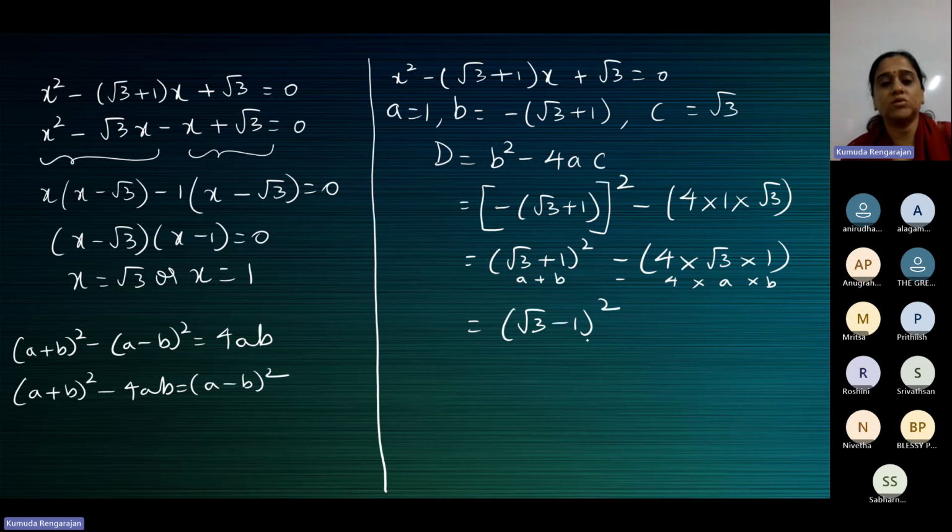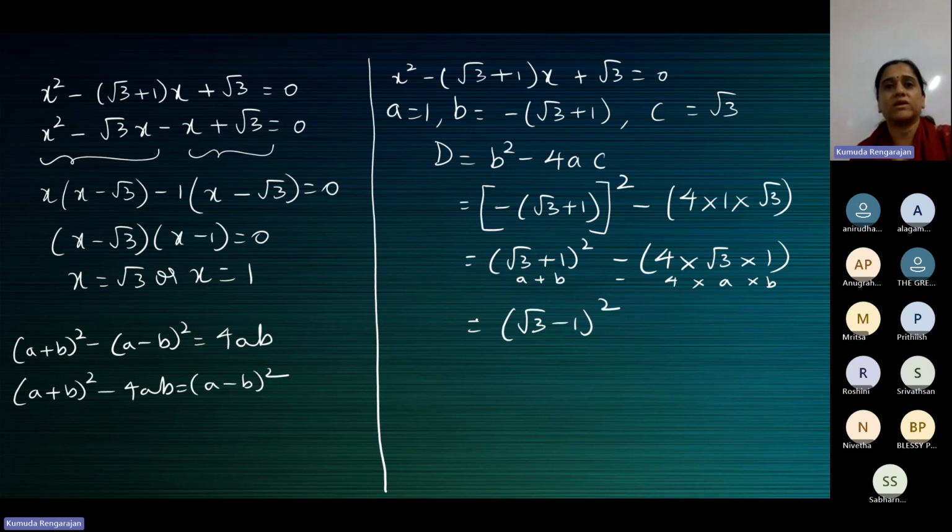You should use the identity. You should not add 3 and 1. You should have 3 and 1 separately, and plus minus 4 root 3. You should write 3 as root 3 the whole square.